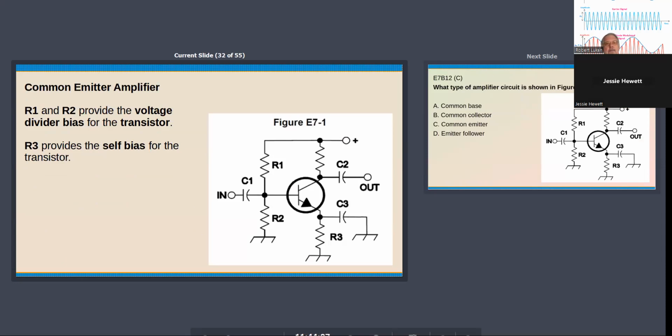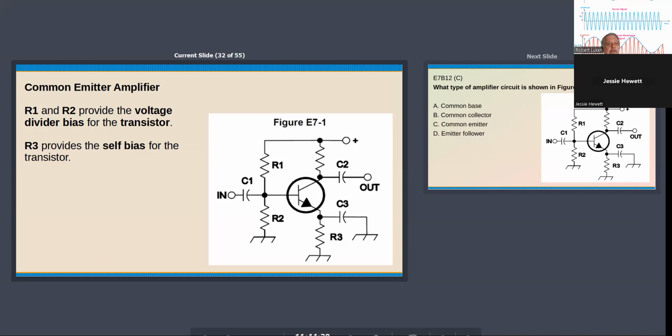Back to a common emitter amplifier. This is probably the most common form. It's called common emitter because the emitter is connected to ground. It may be through that self-bias resistor R3, or it could be directly to ground.